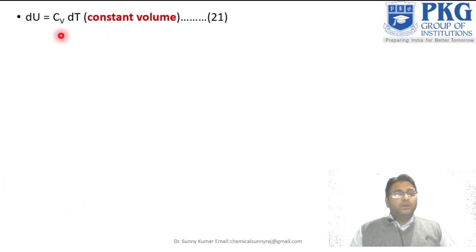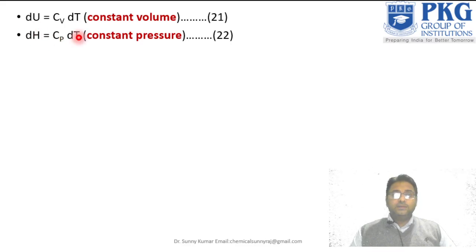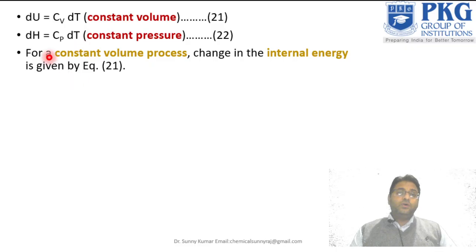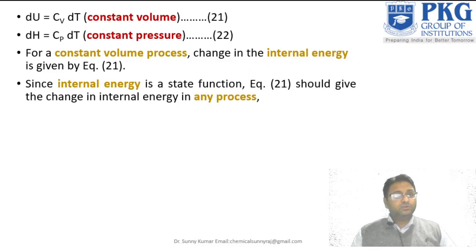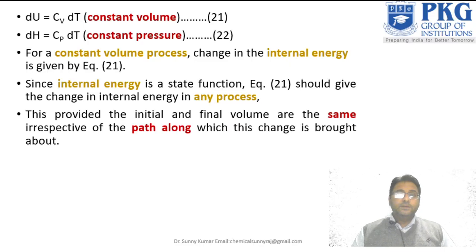So you can write that the internal energy change will be Cv dT at constant volume, and the enthalpy change is Cp dT at constant pressure. For a constant volume process, the change in internal energy is as shown in equation 21, and since internal energy is a state function, it gives the change in internal energy in any process, provided the initial and final volumes are the same, irrespective of the path along which the change is brought about.